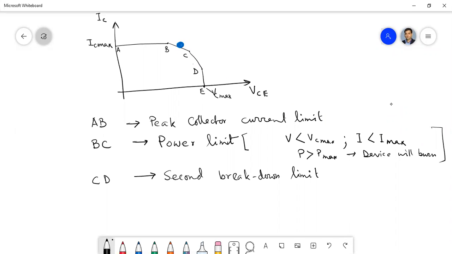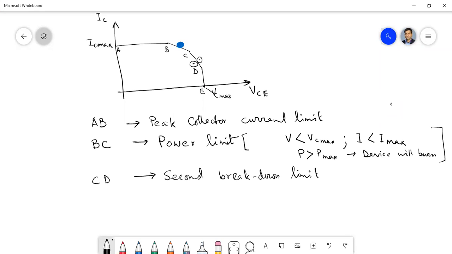But you have to select some point within this. Again, if we take the voltage and current at this point, both will be less than the maximum values, but still the device can be damaged. This phenomenon generally occurs in the case of transient, not in steady state.